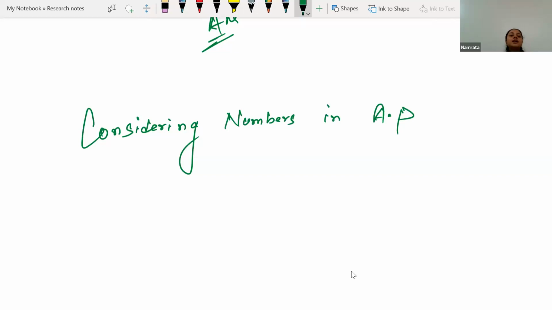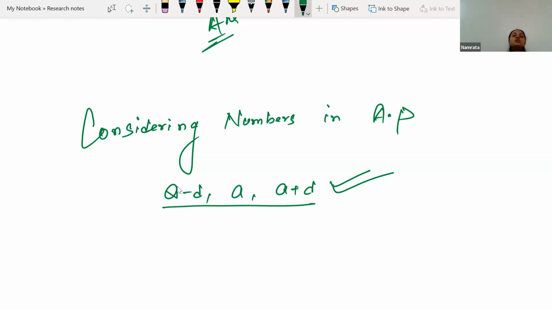So rather than taking A, B, C, we will take A minus D, A, A plus D. This is how we will take. If we have to assume anywhere that, let's say, three numbers x1, x2, x3 are in AP, rather than taking x1, x2, x3, please take it like this. Your simplification, calculation, everything will get simpler.